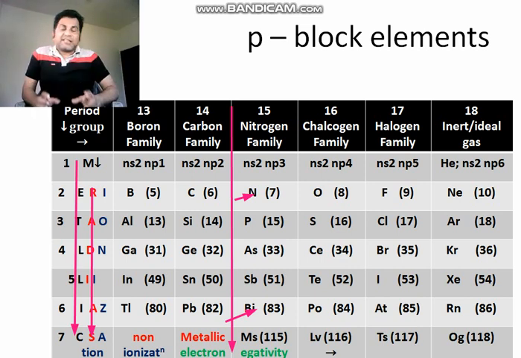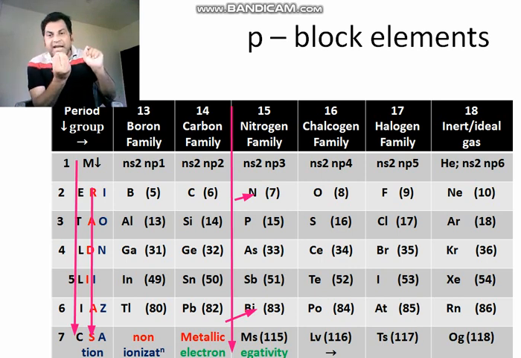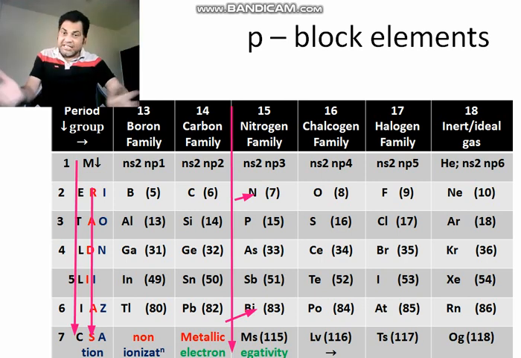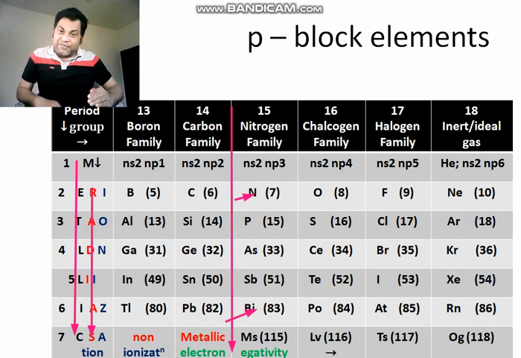So the attraction force between the center and the outer electron decreases as the distance increases, and that's why this electron can be easily removed. So when we move from top to bottom, we find that ionization enthalpy decreases.